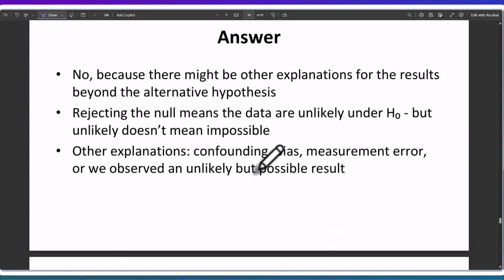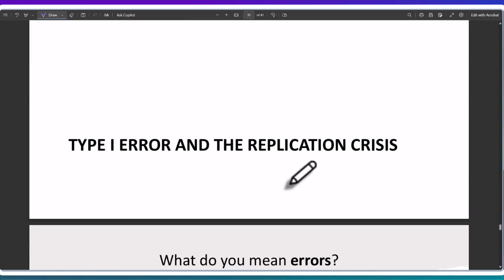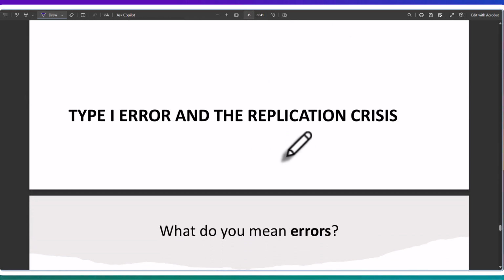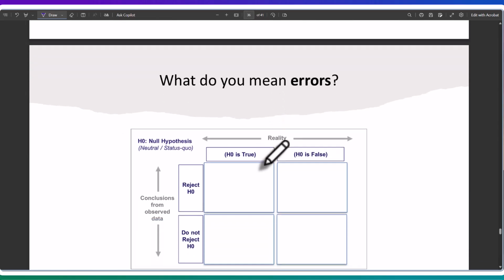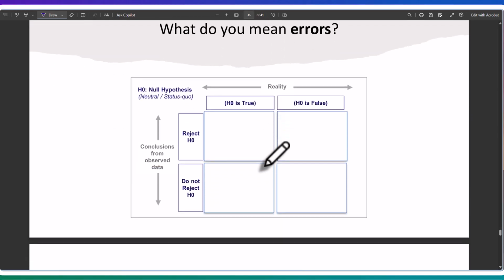All right, so I'm going to skip that. So we've said everything is possible, even if it's not probable. Okay. So I'm going to bring up this very famous box. So the reality is the reality of the world, that the null hypothesis, let's just start here, the null hypothesis is true.